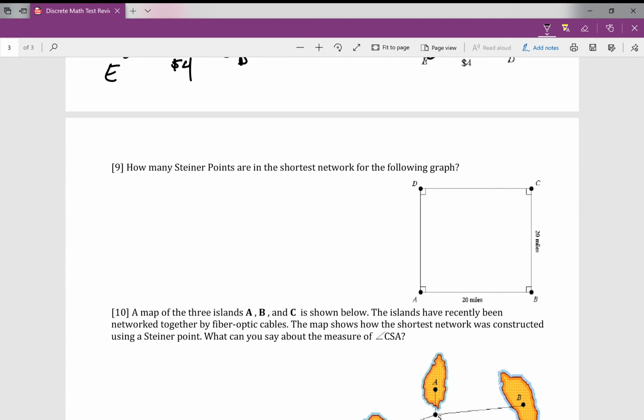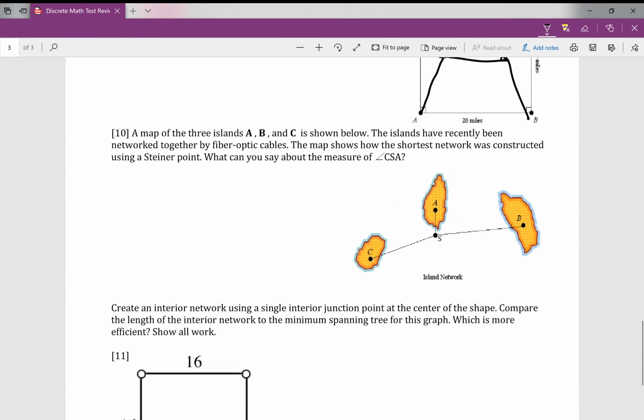How many Steiner points are in the shortest network for the following graph? We said that rectangles or squares would have 2 Steiner points. And number 10, a map with 3 islands is shown, and it says it's connected by a Steiner point.